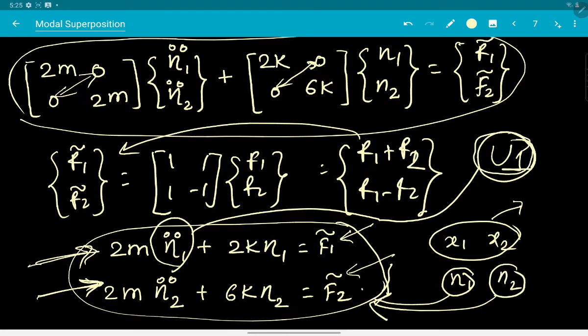So in that sense we say we are in eigenspace now. Rather than being in Cartesian coordinates, you write down all these equations, solve them in eigenspace, and then take the result back to your Cartesian coordinate system. It need not be Cartesian; it can be any other coordinate system that you have considered. But as of now you are in eigenspace.